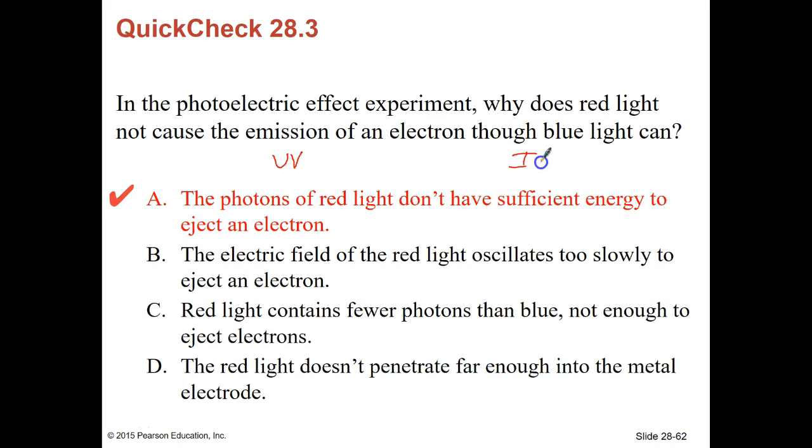On the other side is infrared, and then this is Roy G. Biv: red, orange, yellow, green, blue, indigo, violet, and then ultraviolet. So this is high energy, and this is low energy in comparison. So the photons of the red light don't have enough energy to eject the electron, but that blue light probably does. And we've seen that in the lab.